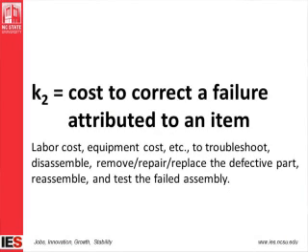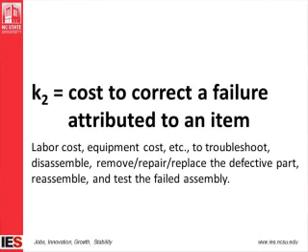K2 is going to be the cost that you incur if the assembly fails because of that item. Consider that you're going to have to move it off the line and back into a test bay or somewhere where you can troubleshoot it, where you can take it apart, where you can remove or replace or repair the part that's failed.